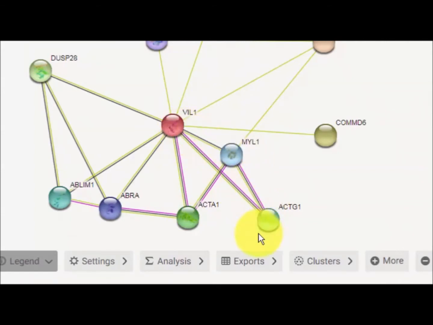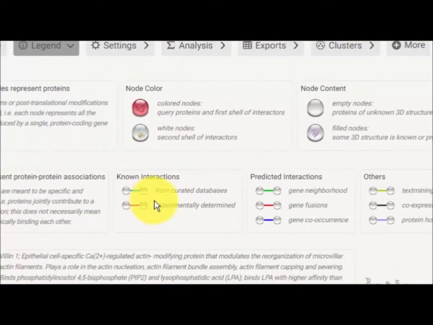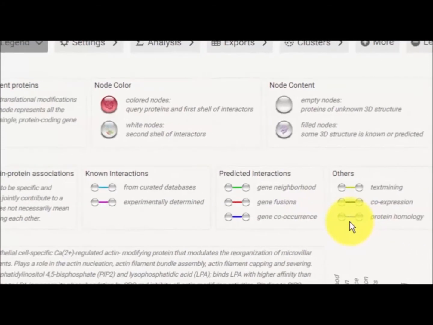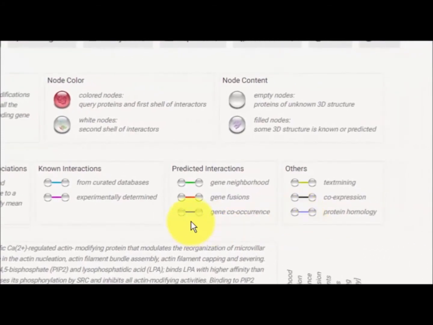So that's experimentally determined. If there's a blue line, which I don't see here, it means that these interactions have been placed in a resource related to these interactions. And if there is a light purple line, that is gene co-occurrence, dark blue, which we don't see here.